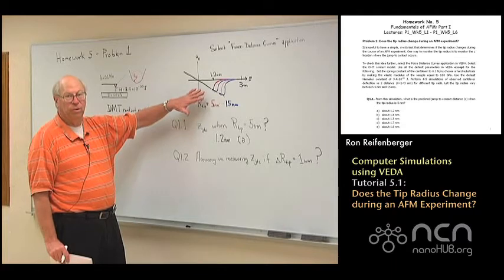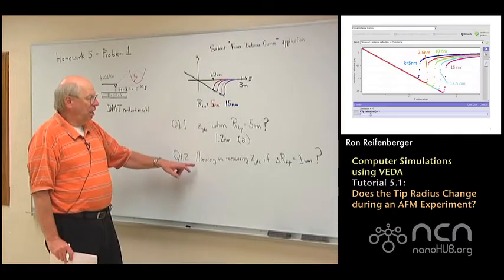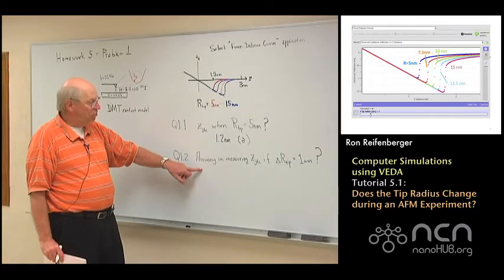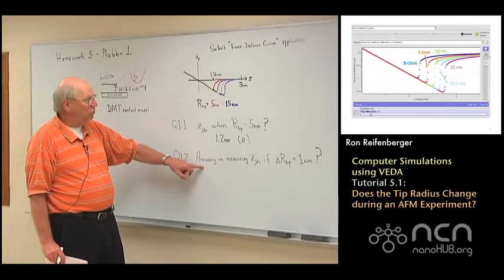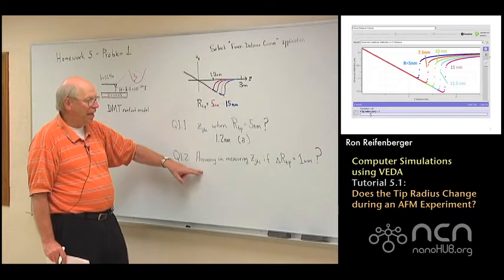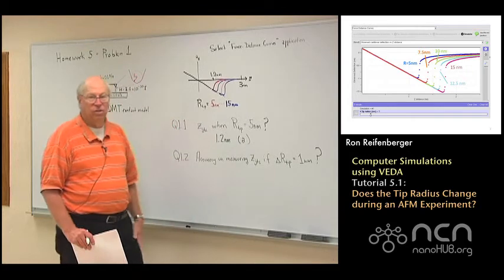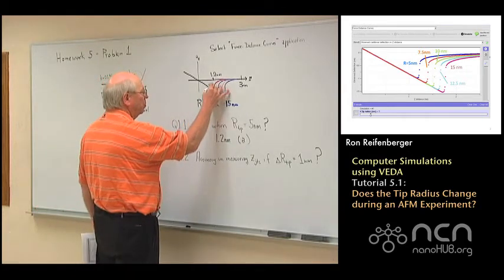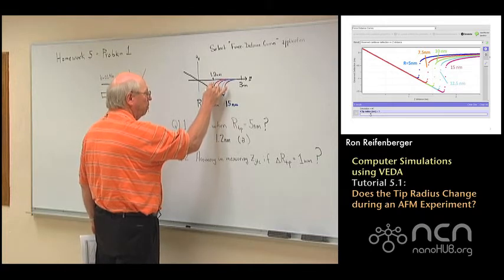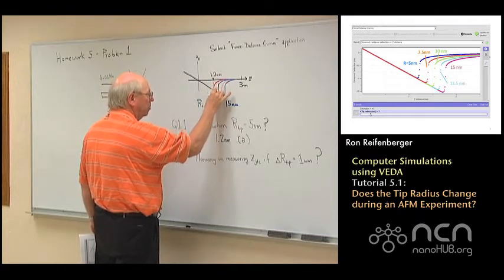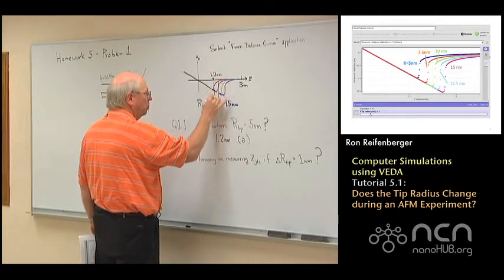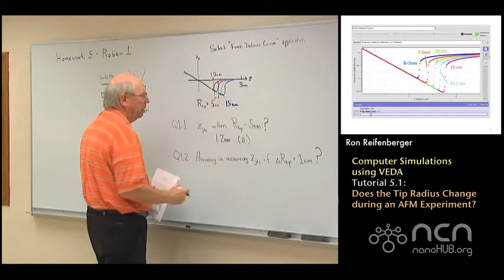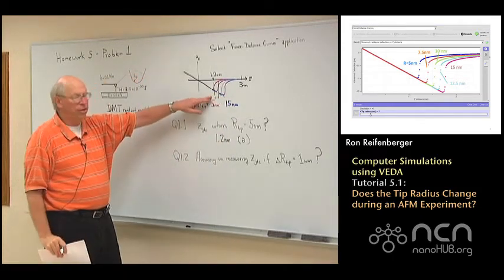So if you get this answer correct, this would just guarantee that you've probably done the simulation properly. The next question involves a statement about the accuracy in measuring the jump to contact if the tip radius changes by something on the order of 1 nanometer. And that just simply means that you have to measure, let's say, the jump to contact point for 2 tip radii that are different by 1 nanometer.